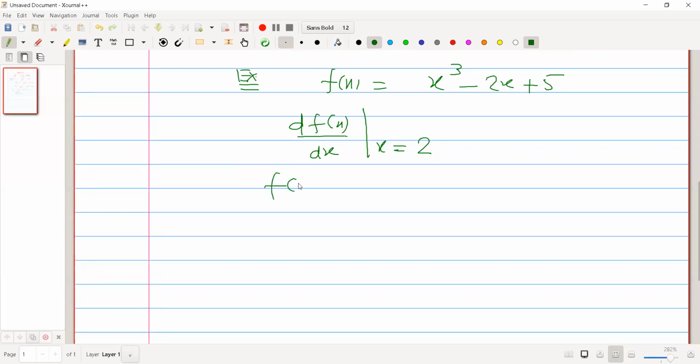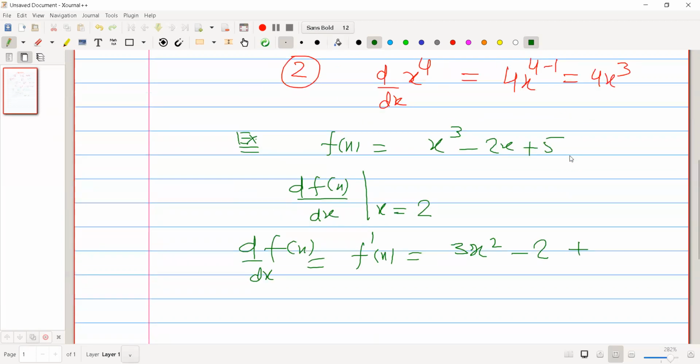So f(x) and its derivative. This is also represented like f dash x. Same thing. So what is the derivative of x cube? 3x square, minus 2 into 1, since the derivative of x is 1, and 5 is a constant term.